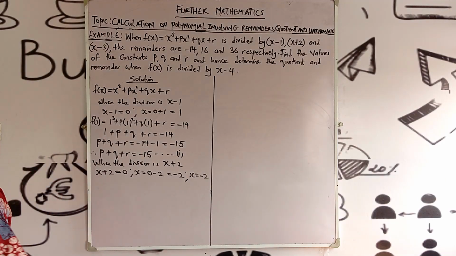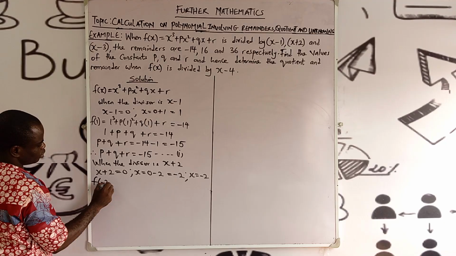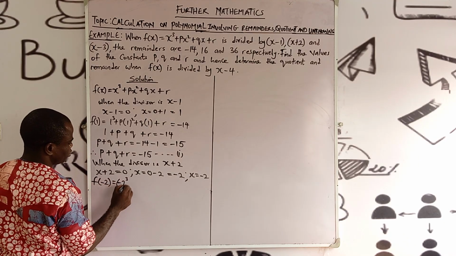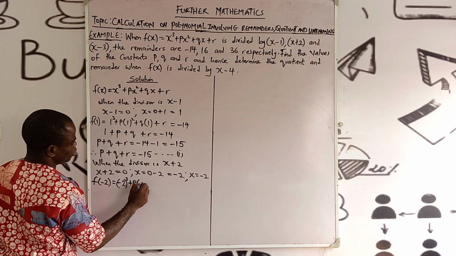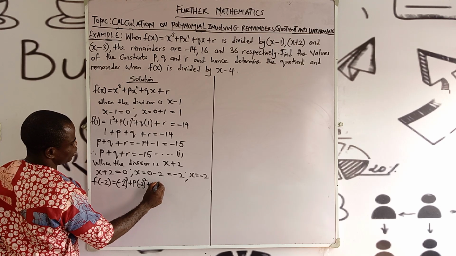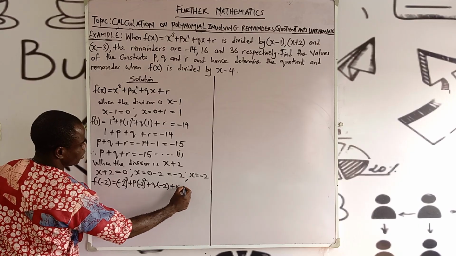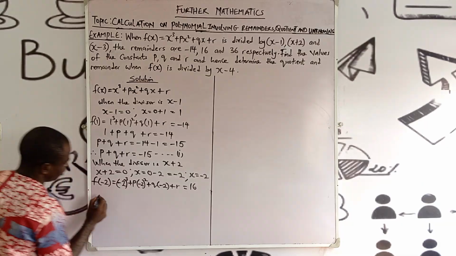Imputing the value, f of minus 2 equals minus 2 raised to the power 3 plus p into minus 2 squared plus q multiplied by minus 2 plus r equals the second remainder, 16.